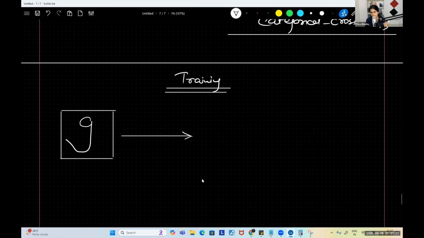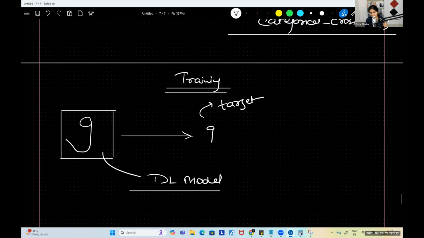And you have a mapping of this to 9, that this image belongs to 9. This is the target value. Now you have applied a deep learning model. At the time of training, this model is saying that this image belongs to target value as 8. There is a mismatch. Error will be very high.